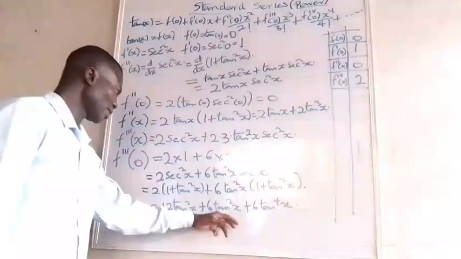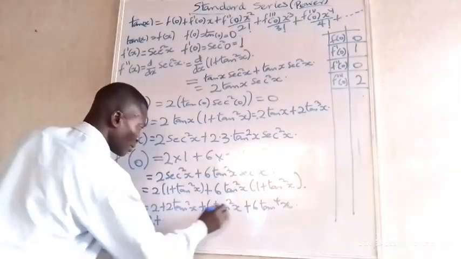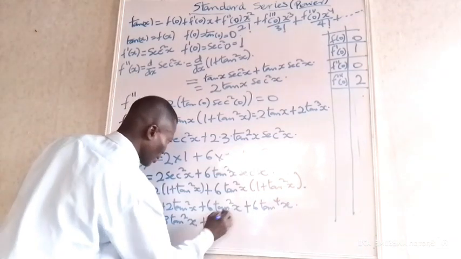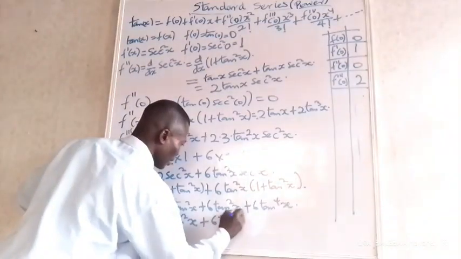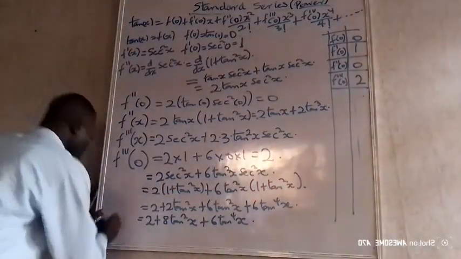This one and this one gives me 8. So this is going to give me 2 plus 8 tan squared x plus 6 tan raised to the power 4 x.